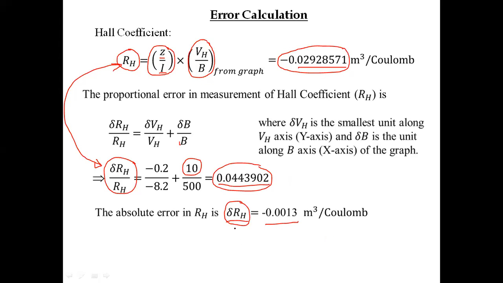Now please see, what I want is RH, that is the Hall coefficient, plus minus the absolute error in the Hall coefficient, delta RH. So if you add or subtract this from this, which is the first digit that is getting affected?